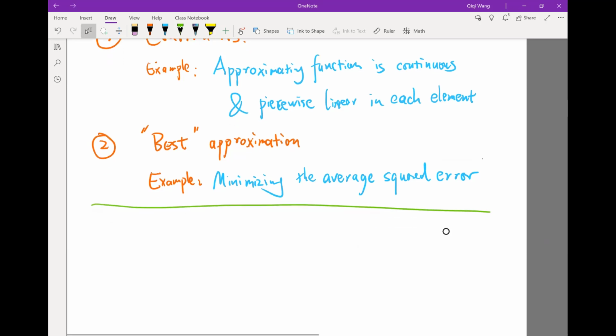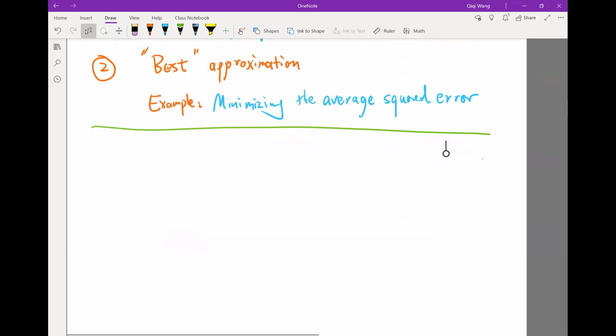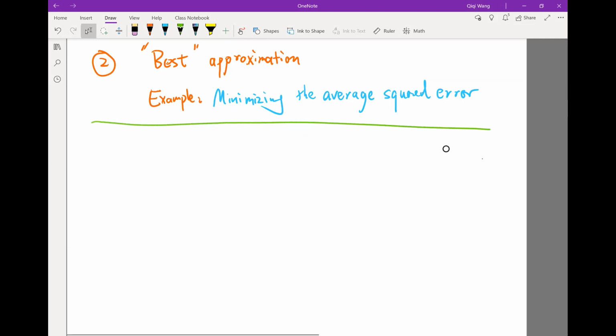But let's first look at an optimization problem, a minimization problem that comes out of function approximation, and see how the finite element method does the function approximation problem. The problem we are going to look at is a very simple one to start with.